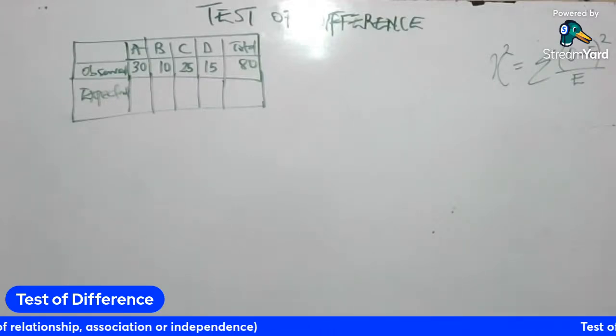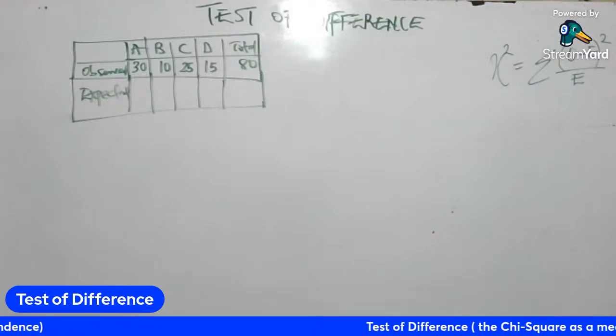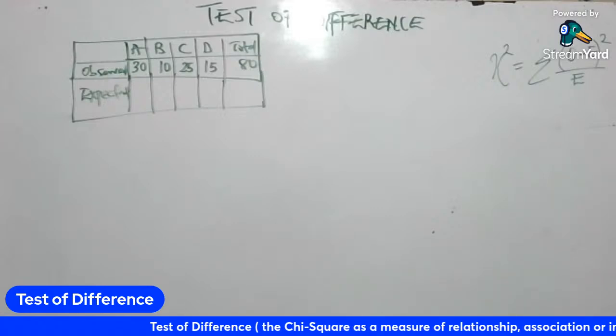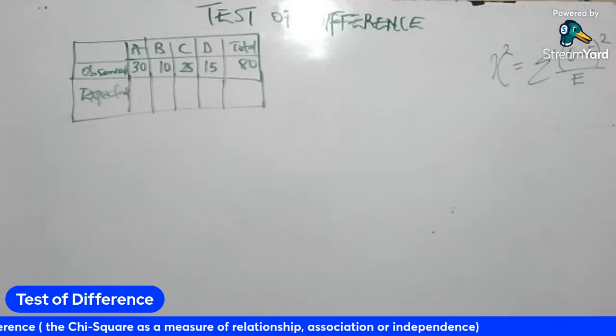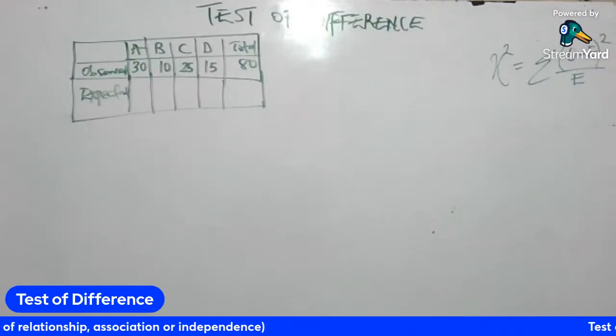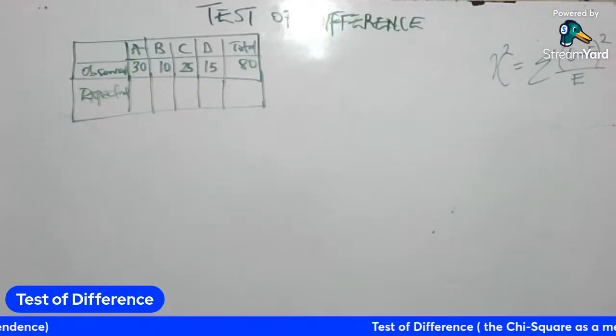When you go into gender, for instance, it can only be male or female. So if a fair coin is thrown 10 times, we may expect that the head will come out 5 times and the tail will also come out 5 times. If it is actually observed differently, it could be 7 heads and 3 tails.